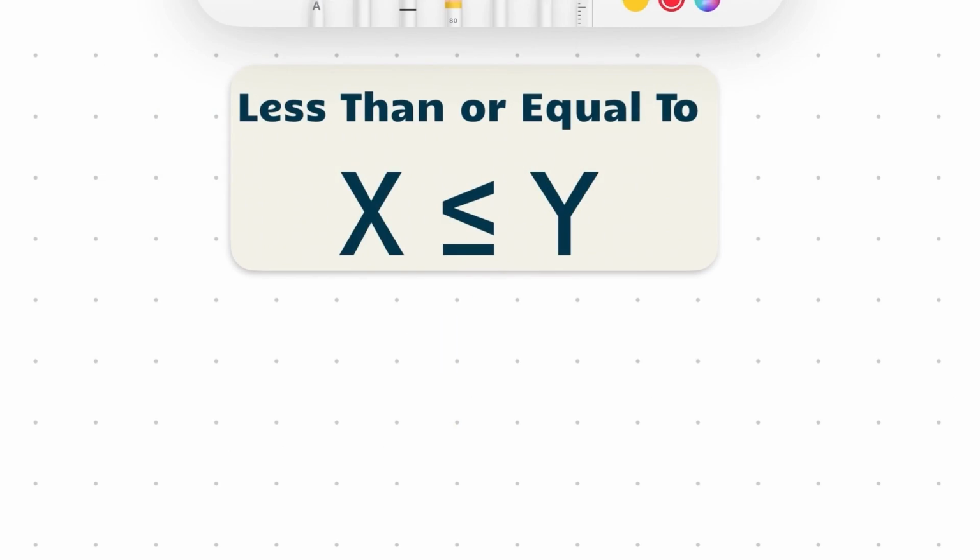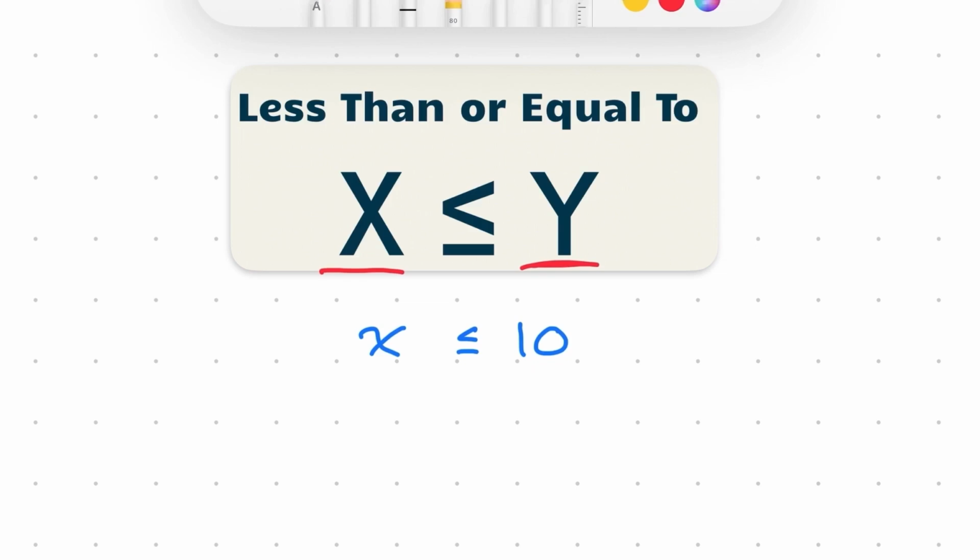The less than or equal to inequality is very similar to the one we just covered. It tells us that the value on the left can be smaller than or the same as the value on the right. An example would be x is less than or equal to 10. This tells us that x can be 10, and it can also be values less than 10, like 9, 8, 7, and so on.